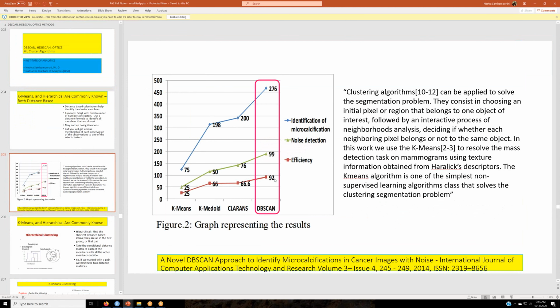So you can see in terms of efficiency, k-means is very efficient. In terms of noise detection, DBSCAN is way better than any one of these. And in terms of the identification of micro classification, it's way better than these types of methods.